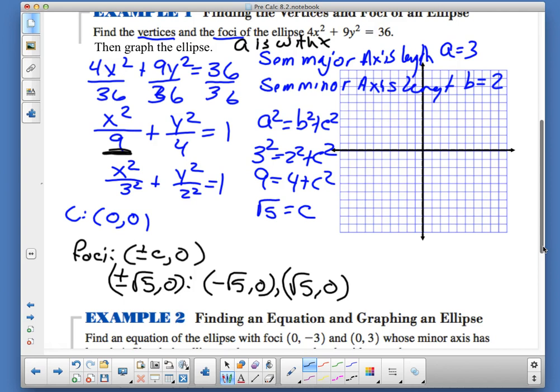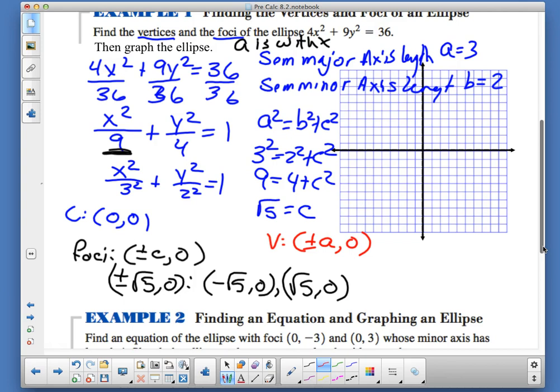Okay. Now we are asked to find the vertices and the foci. Vertices. We know that, because remember, A is with X and not Y. Okay, my vertex, general form, is plus or minus A, 0. Okay, when we have 0, 0 as our center.